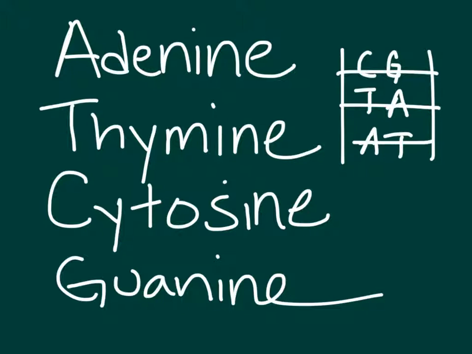Of his 6 billion letters, so his 3 billion base pairs, one of them changed. One A or one T changed to a different letter. There was a single mutation which caused his whole immune disorder.